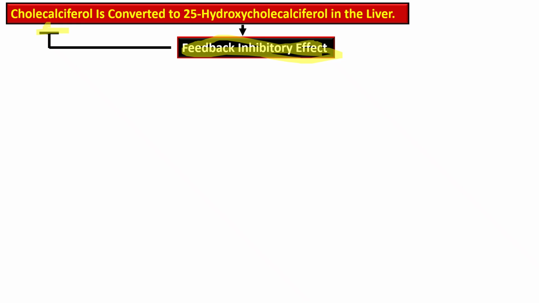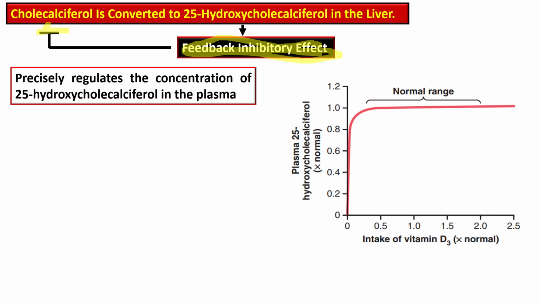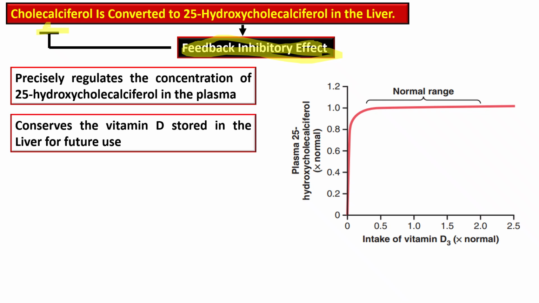This reaction occurs in the liver, and the enzyme involved is 25-hydroxylase. The 25-hydroxylase causes the cholecalciferol to form 25-hydroxycholecalciferol, and this is a self-limiting procedure because a high level of this inhibits further conversion of vitamin D3, and this prevents toxicity and overactivity.